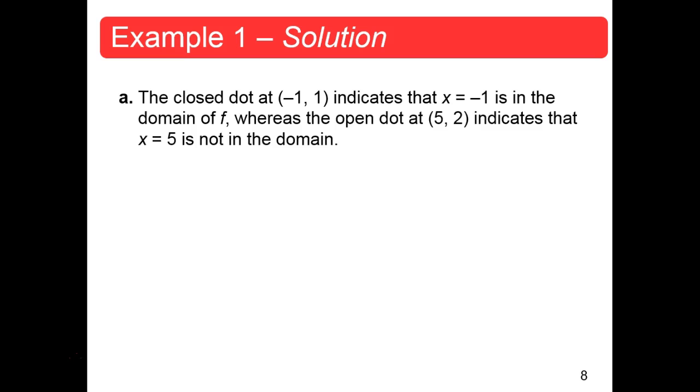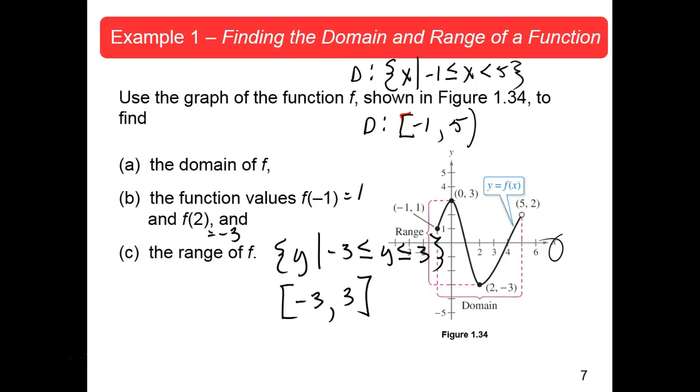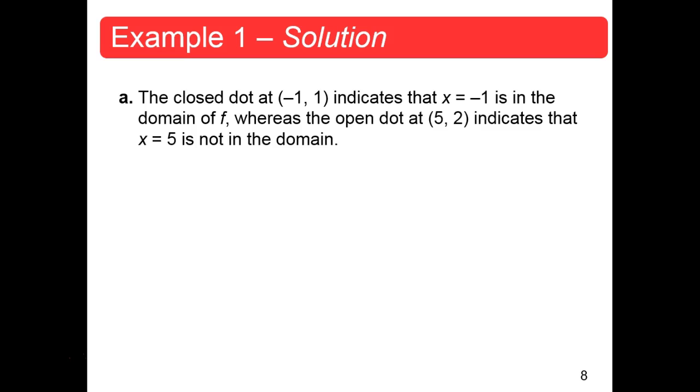They're not answering the question. Whereas the open dot, go back here, indicates x can't be 5. So x equals 5 is not in the domain. So the domain of f, for all x's, is the interval from negative 1 to 5. Including negative 1, not including the 5.